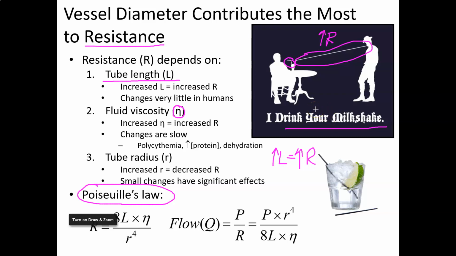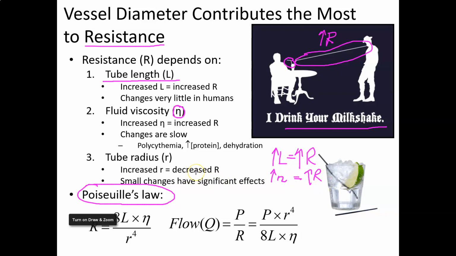As the fluid gets thicker, it would be harder to move it through the straw. So if we increase the handwriting N, it's going to increase R again. Both of those are directly proportional. If length goes up, resistance goes up, and if viscosity goes up, resistance goes up.